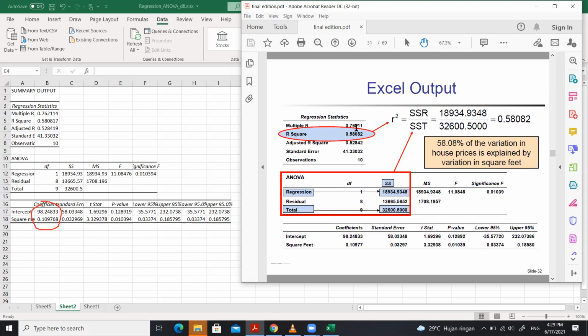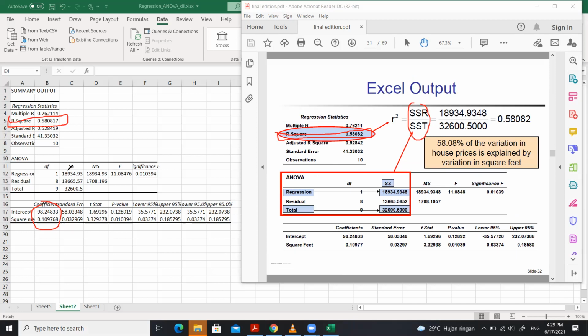Okay, where is the coefficient of determination in the Excel? This one. Okay, so we can get this one, and you can compute or check it still using the Excel.